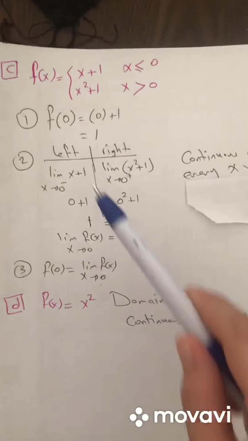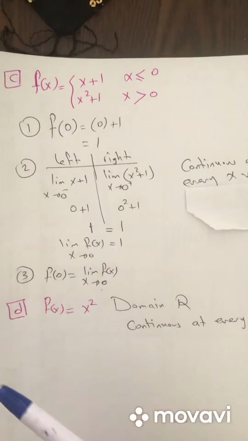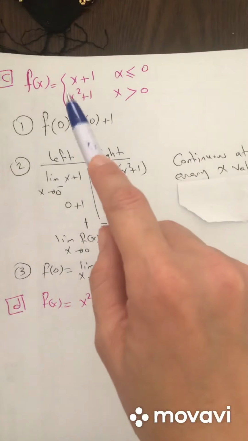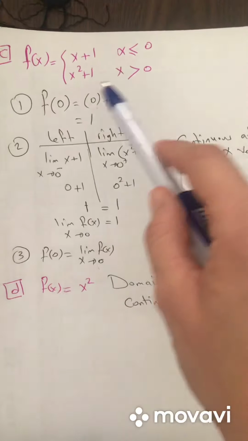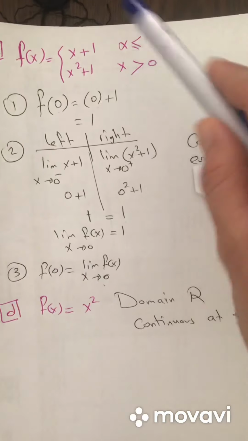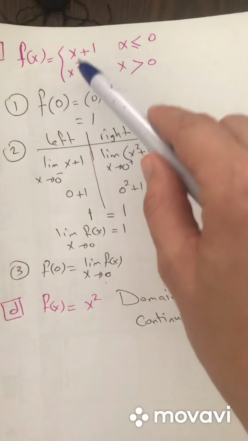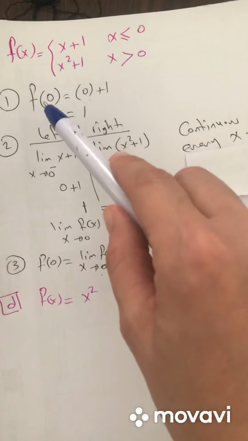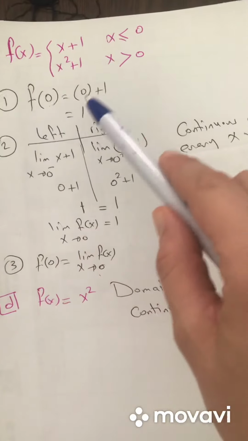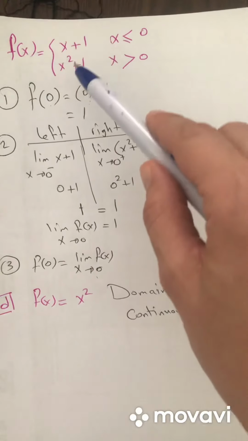Okay, what about these types of functions? As you can see, do I have to study the domain? Of course, studying the domain over here is not enough. Why? Because as you can see, the function changes from one function to another at 0. So I started by saying f of 0 equals, where should I substitute first? The first equation or the second?